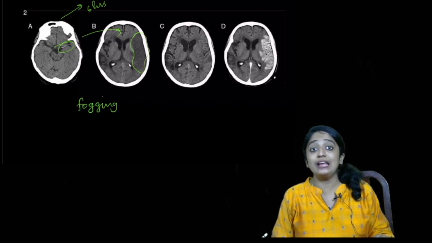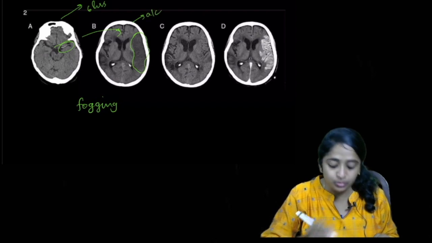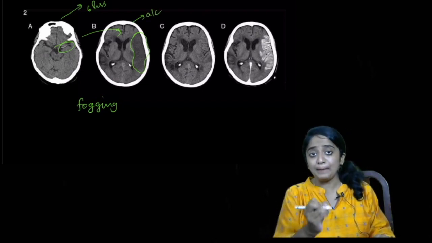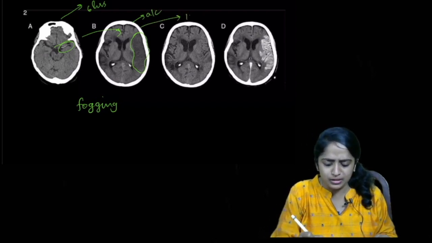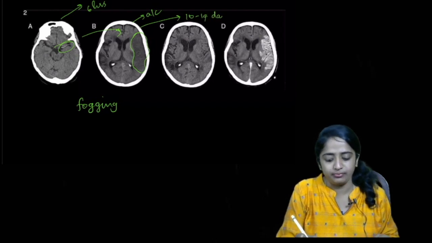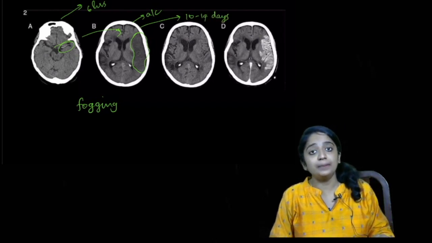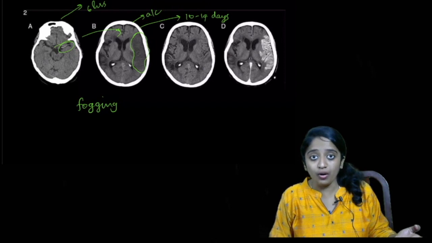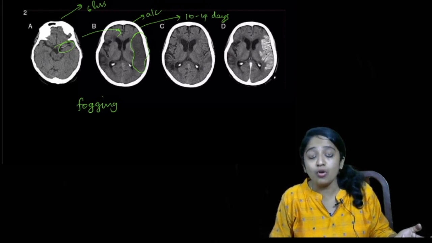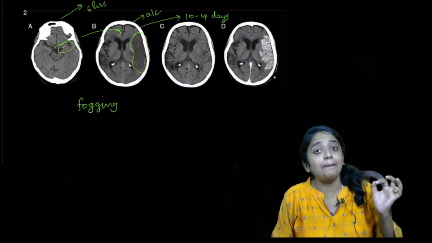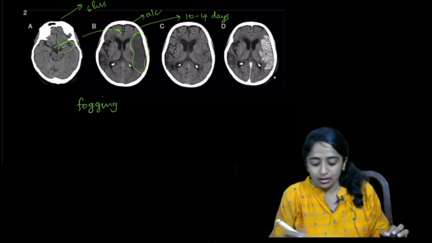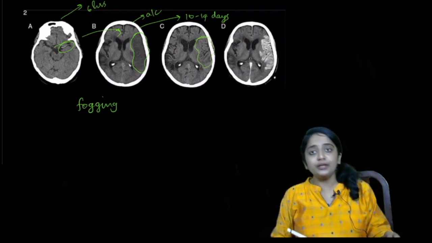See, this is the effect. Now it's the acute stage. Now I'm going to image the patient, say after 10 to 14 days. Oh my God, what has happened? It's totally gone. The brain looks apparently normal. So, I'm confused.